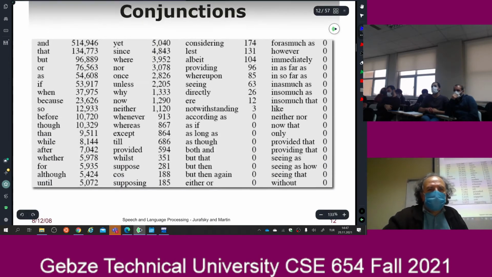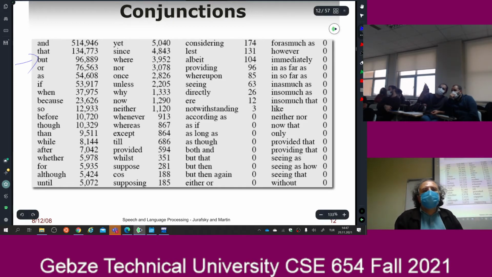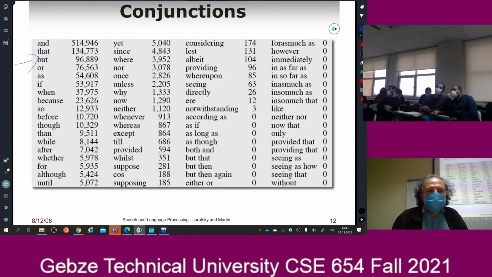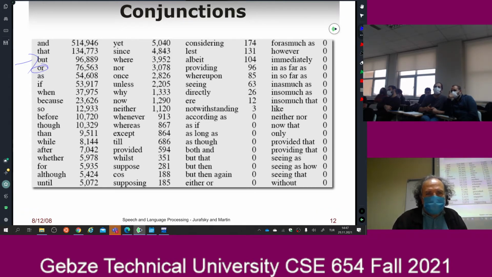Okay, conjunctions, what is happening? And where is my conjunction "but"? Yeah, here it is. Okay, so "and" is happening a lot. Well, very surprised. And "or", yeah, well, that's expected. Any surprises?